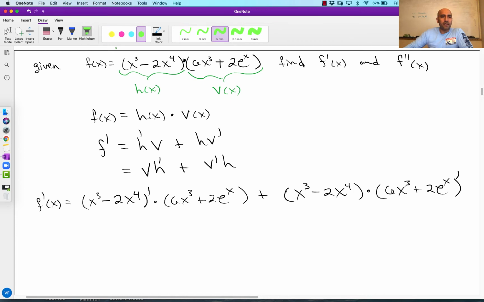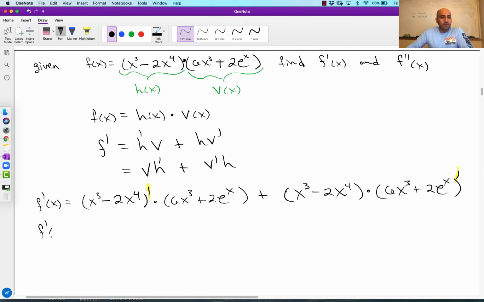In fact, let me highlight it. One way to do this is just to repeat it once, repeat it twice, and then put the little tick mark on the first one because we need to take its derivative. Then leave the first one alone, and put the tick mark on the second one because we need the derivative of the second one. Okay, another notational style.